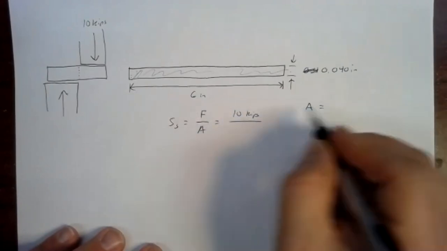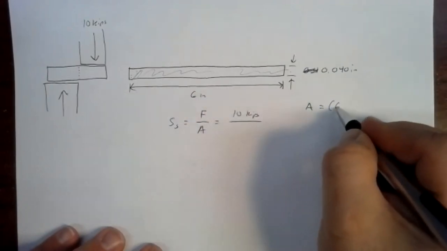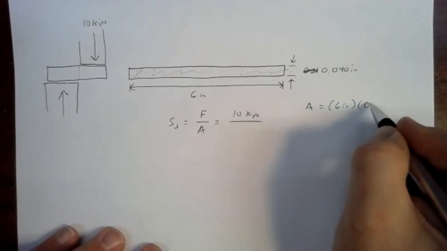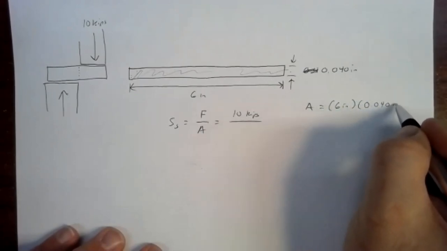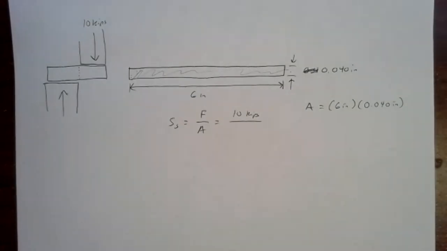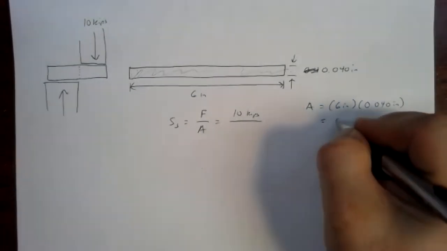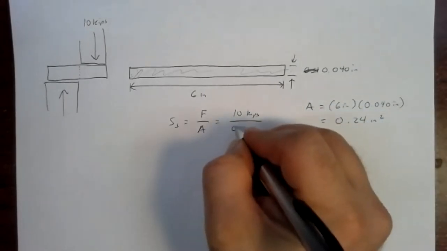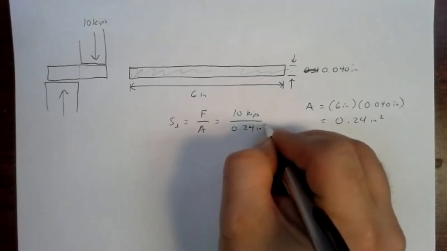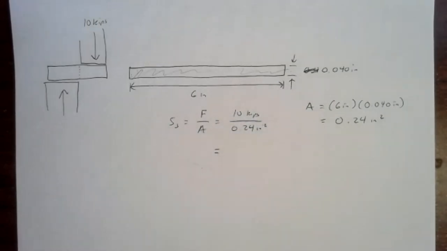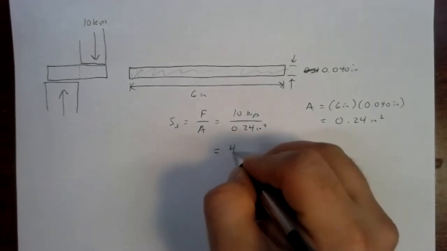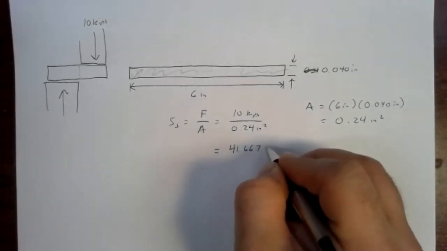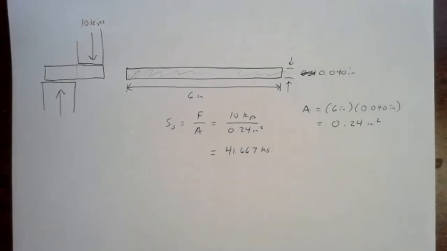The area is a rectangle, 6 inches times 40 thousandths of an inch. So the area is relatively small, 0.24 square inches. That gives us 41.667 kips per square inch.